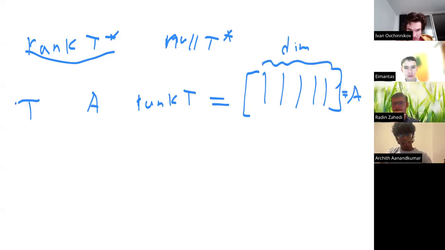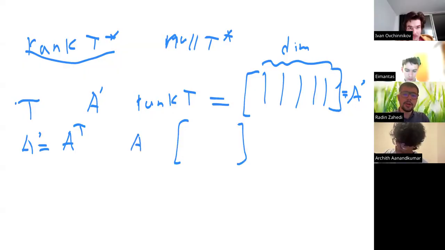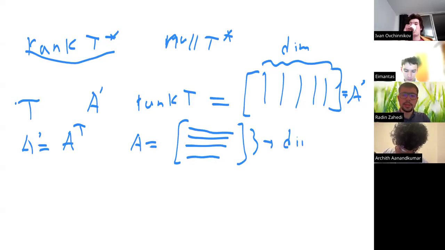In fact, we can find an A here. Let's call it A prime. For this A prime, we could choose a basis so that it is just the transpose of some matrix of T, and therefore, if this is A, it would be the dimension of the span of the rows of A. This is what the dimension and the rank of T star would be.